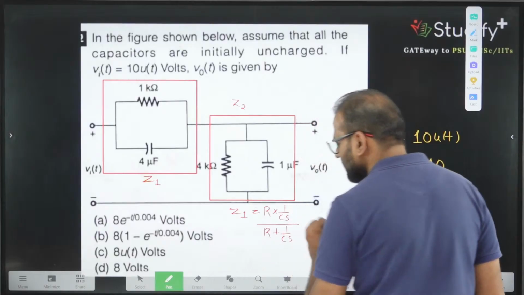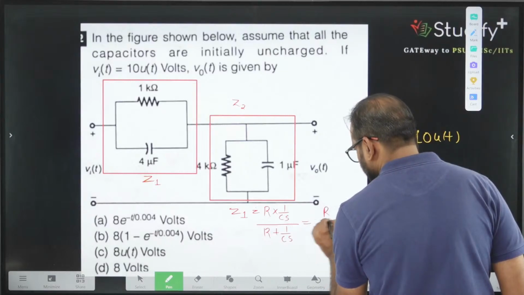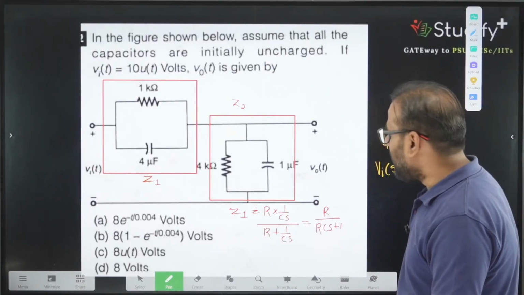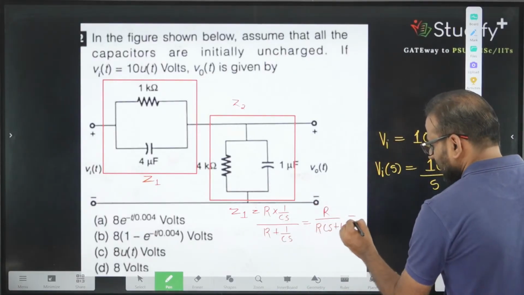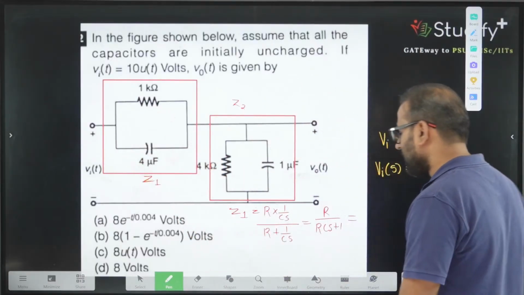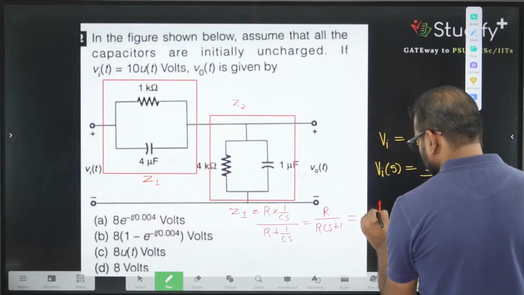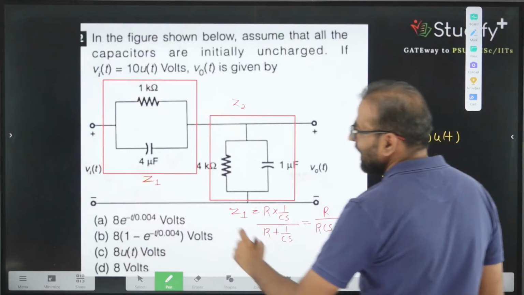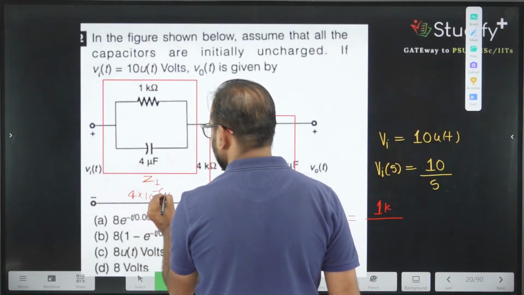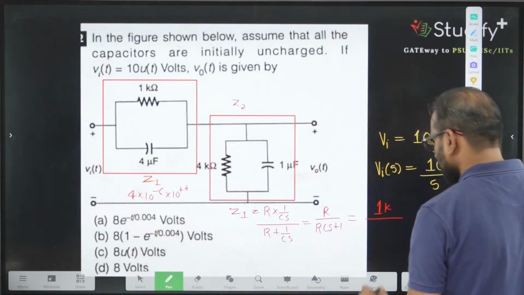When both are resistances, what is the parallel of two resistances? This much. So this value will be R divided by RCS plus 1. Correct? And for this one also it is the same. Here also a resistance and a capacitance are in parallel. So for the first case, what is R? Let's say R is 1 kilo, and what is RC? RC is 4 into 10 raised to the power minus 6 into 10 raised to the power 3. This value will be 4 into 10 raised to the power minus 3.